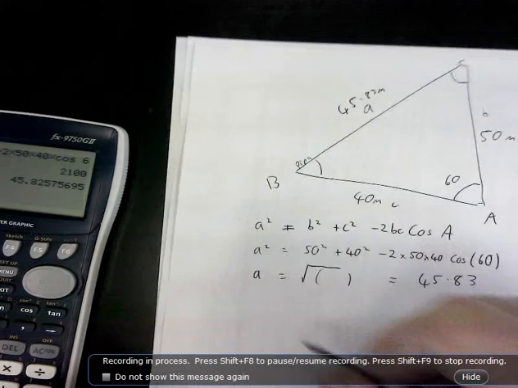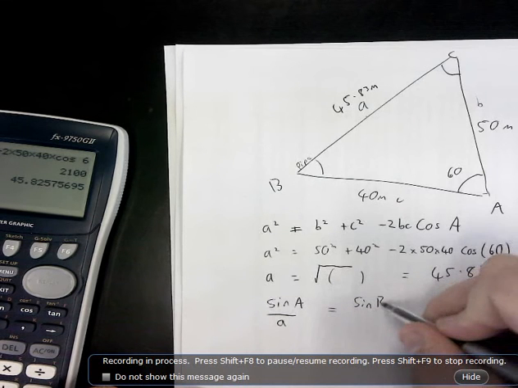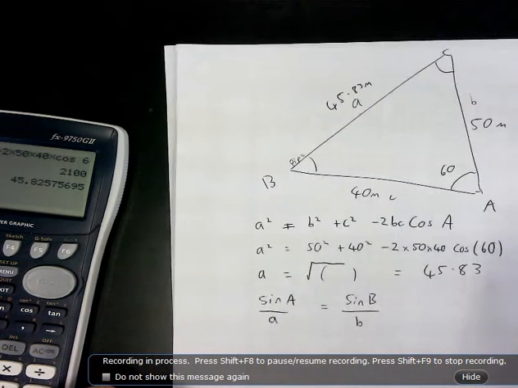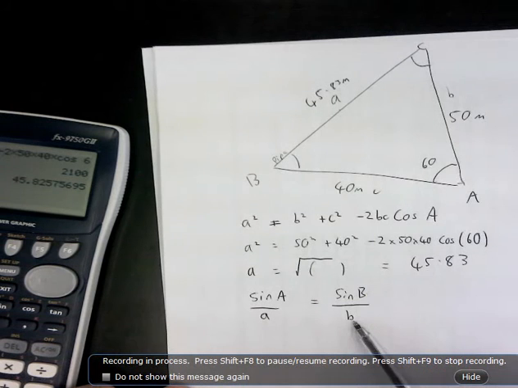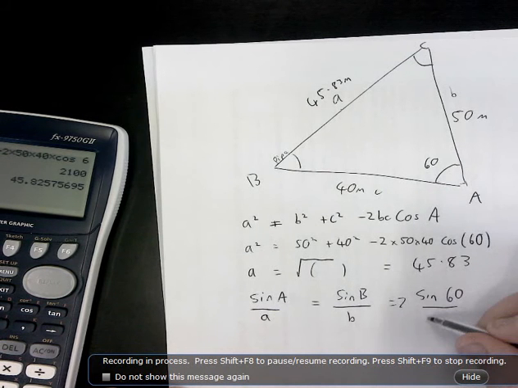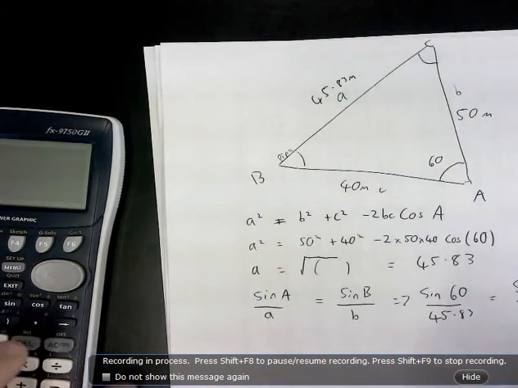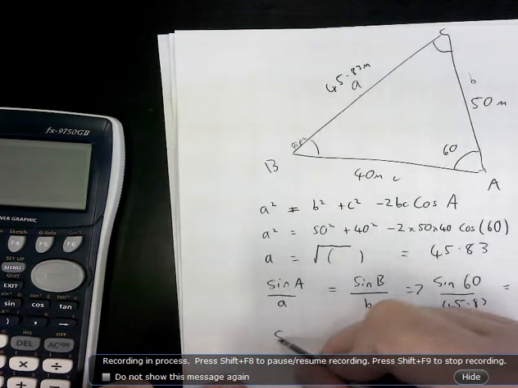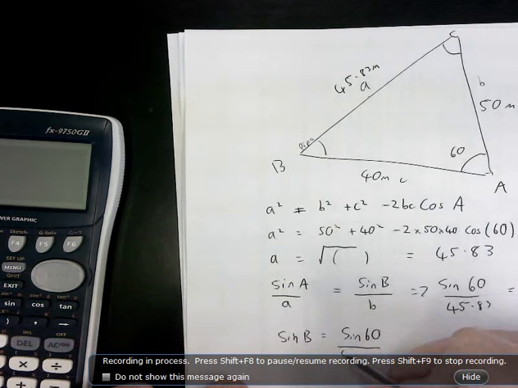Sine of angle A divided by length A equals sine of angle B divided by length B. Now I know A, I know side A. I don't know B, but I do know side B. So I'm going to put in what I know, and I will rearrange so that sine B is by itself. Alright, so that's just some algebra there.